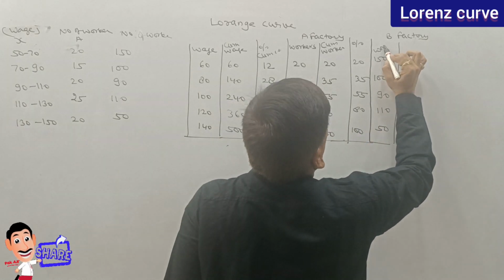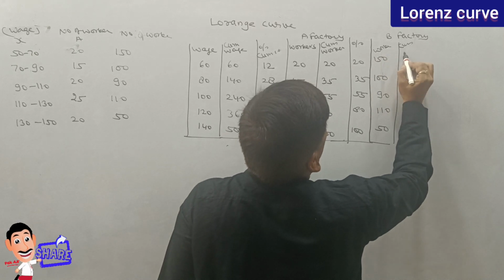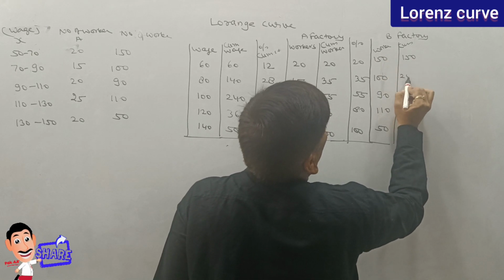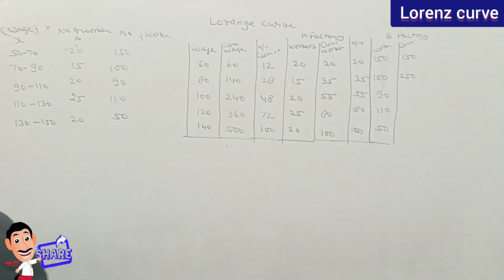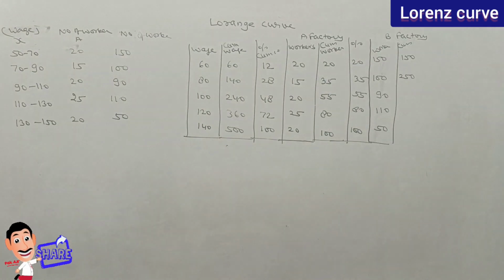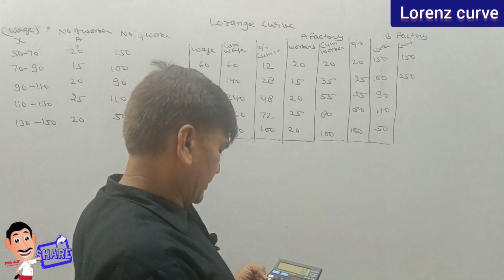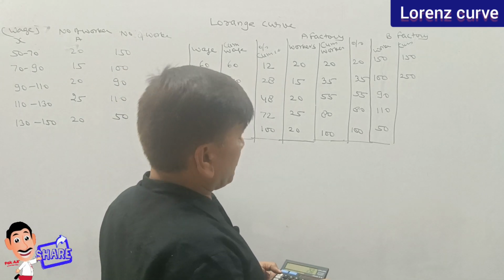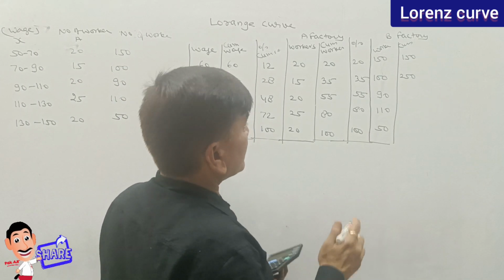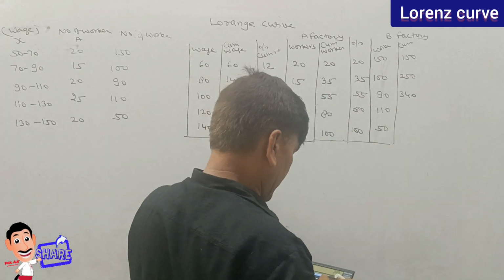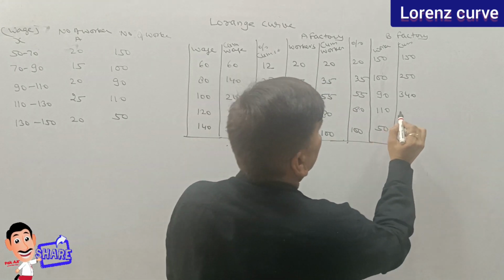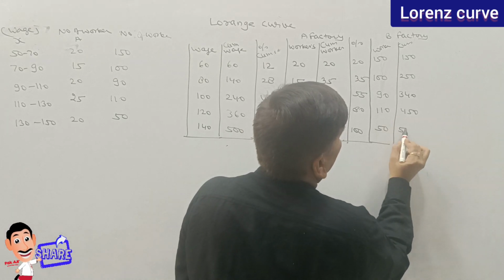Cumulative workers: 150, 150 plus 100, that is 250, plus 90, that is 340, plus 110, that is 450, and 500.